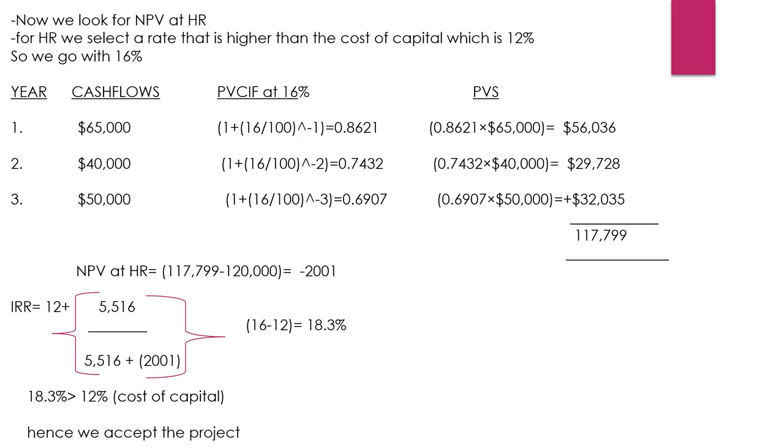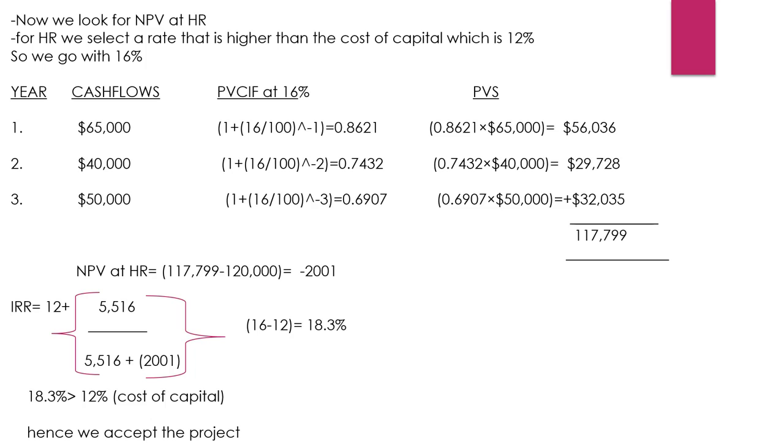The value we get is 0.8621. So to get the present value of cash flow, it will be 0.8621 times the cash flow $65,000, which gives a present value of cash flow of $56,036.